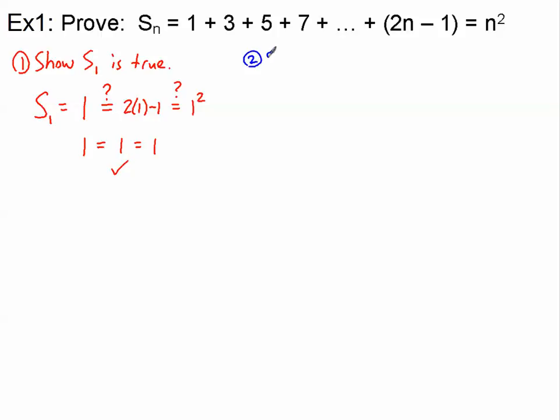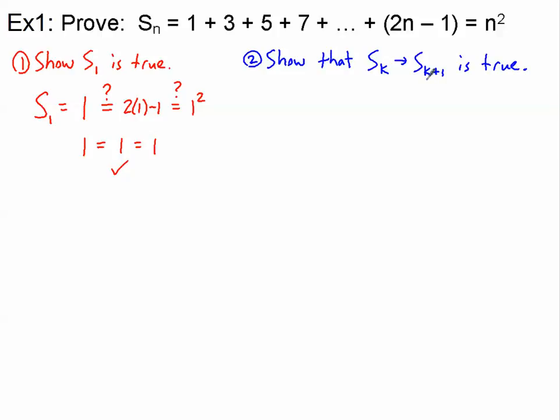Next, we have to show that S sub k implies S sub k plus 1 is true. This is where the algebra is really going to be coming in. What we have to do is show that if we have the sum formula for any arbitrary number, we'll just pick k, it implies that the k plus 1 that comes right after that is also true.